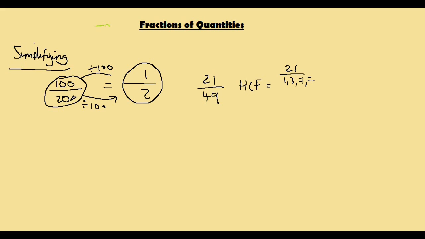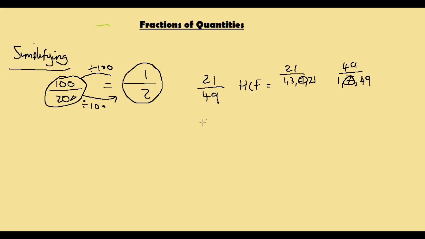So quite clearly here, the highest common factor is 7, so we're going to divide by 7. And this means that 7 is the highest number that we can divide into both of these numbers.